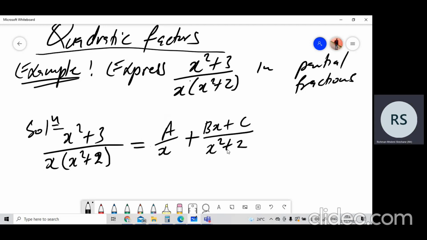All right, and the next step is just following the same steps of solving for a, b, c by multiplying by the LCD. We're multiplying by x times (x squared plus 2). On the left hand side, you'll see they will cancel.